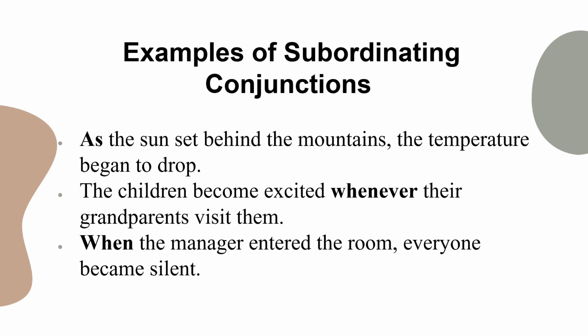These two are completely independent of each other. They are independent sentences, but they are joined with the word when, referring to time. The time when the manager entered the room, automatically everyone became silent. So it's the cause and effect relationship that has been portrayed.